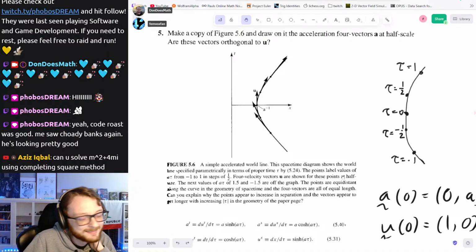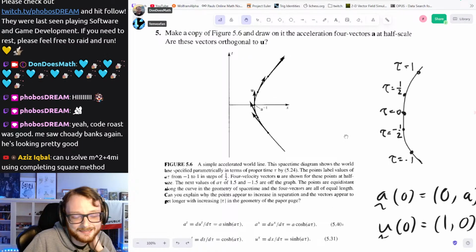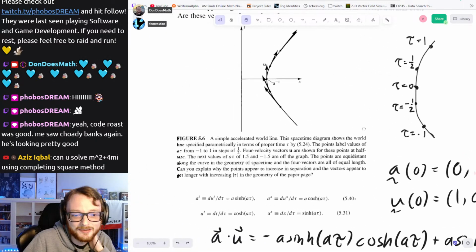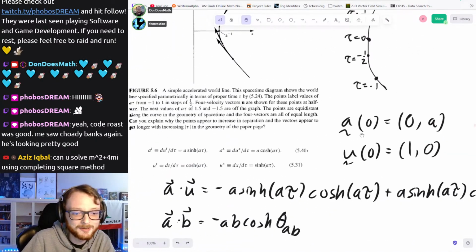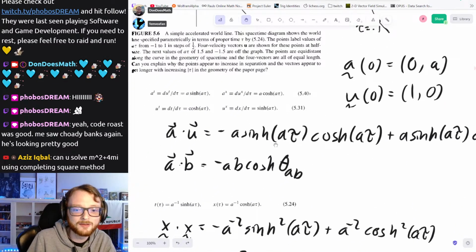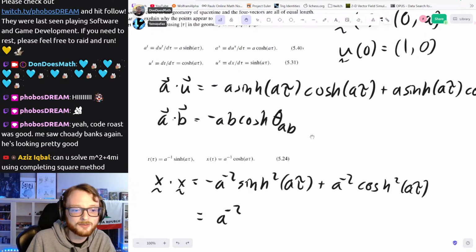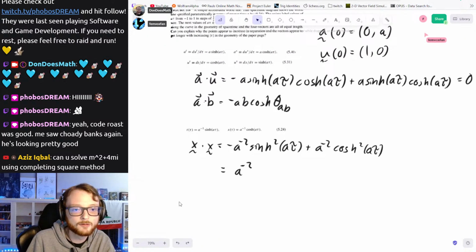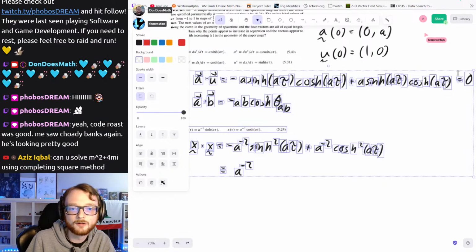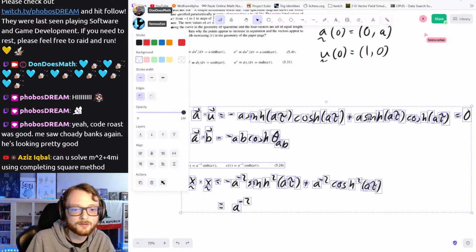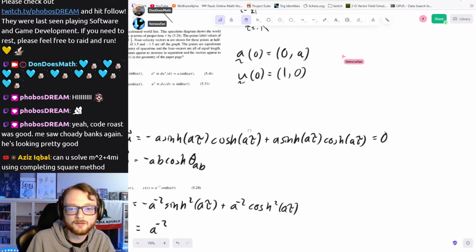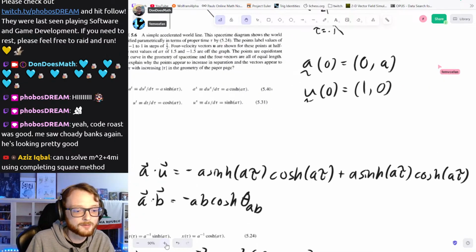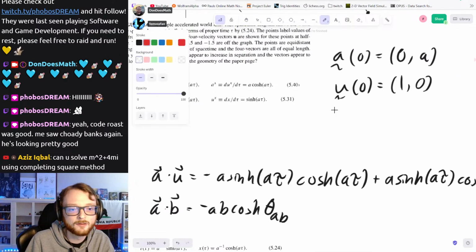Okay, so should we try tau equals 1 maybe and see what we get? Sure. I want to make some room. Oh, you know what?